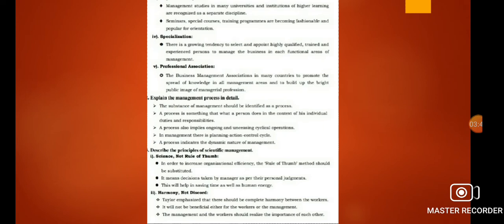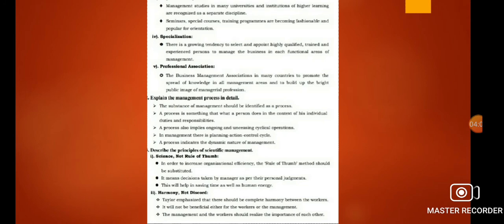The third, establishing the objective or purpose of management process. That is, it must be purposeful managerial activity. The fourth aspect is that management is a social process. And the fifth one is its cyclical nature. So these are all the management process.